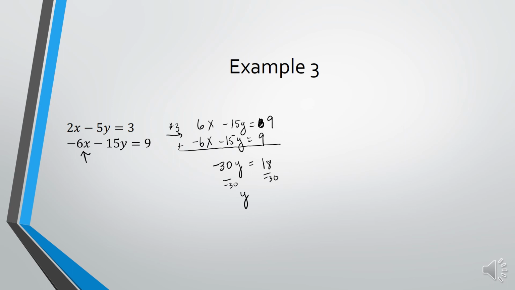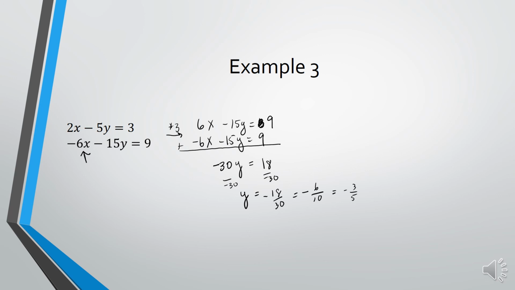This is getting kind of messy here. But I get negative 18 over 30 from my solution, which, see, they're both divisible by 3. So that would be negative 6 over 10. And that'll even reduce down further, negative 3/5.